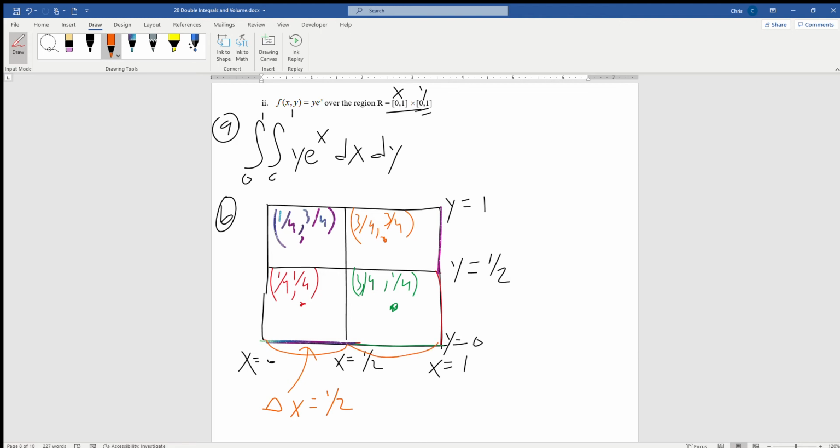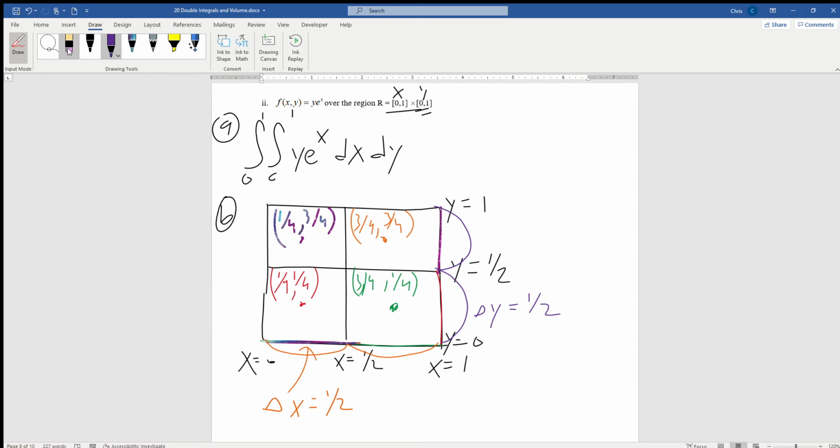The change in y is also a half, because the change from 1/2 to 0 is a half, and also the change from 1/2 to 1. So don't always assume that delta x and delta y are 1, or even that they're the same. In these problems so far, I've given you that they will be the same, but that doesn't necessarily mean they'll always be the same.